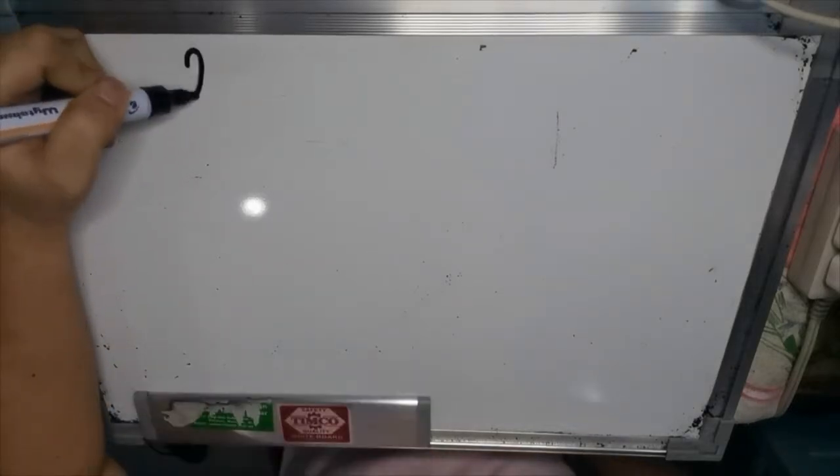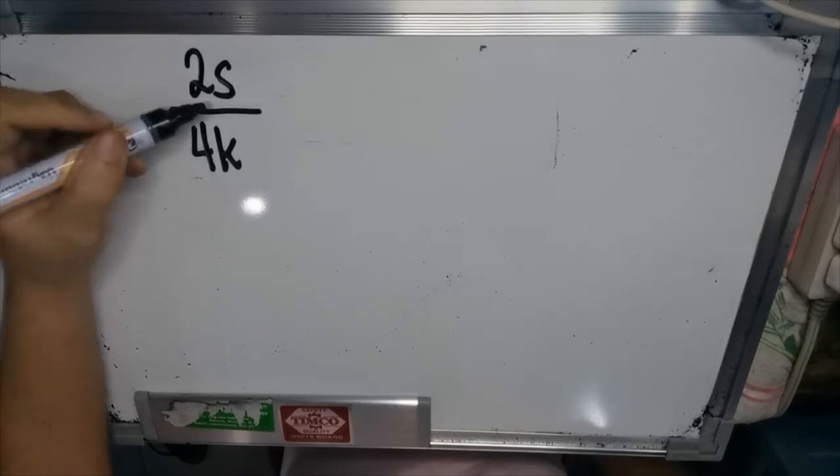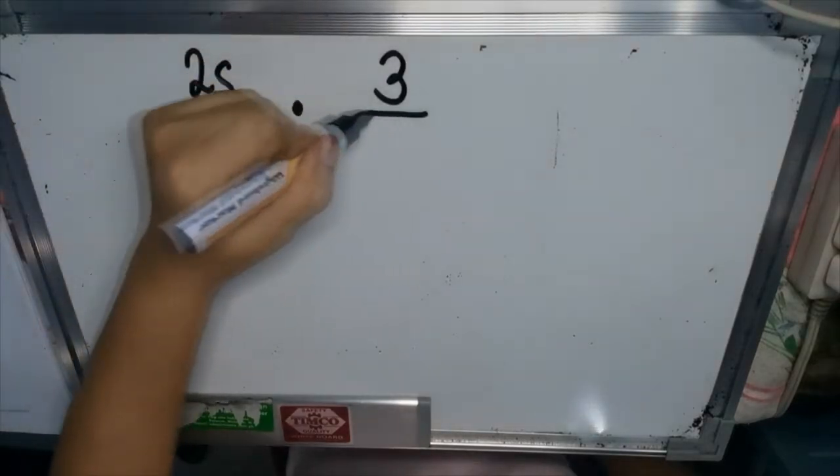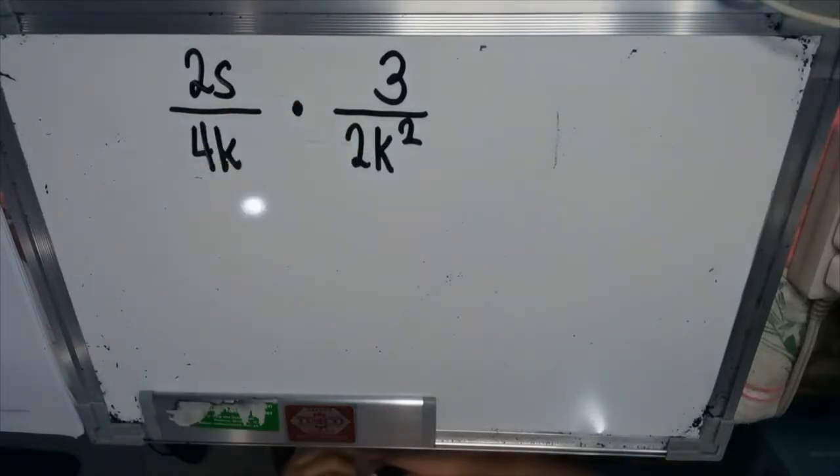So before we multiply, say for example, we have here 2s over 4k times 3 over 2k squared. Okay? So dito, marami kasi tayong ways on how to simplify this.